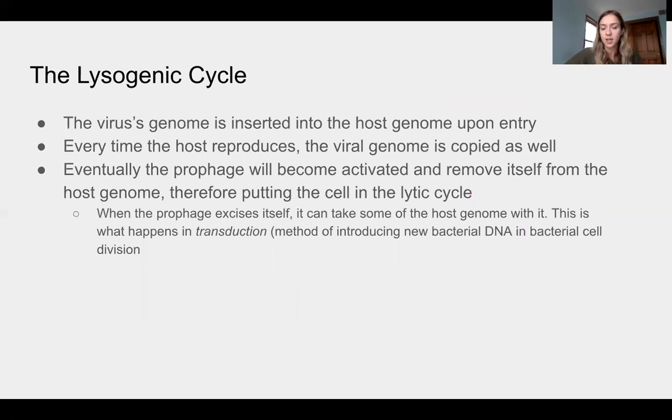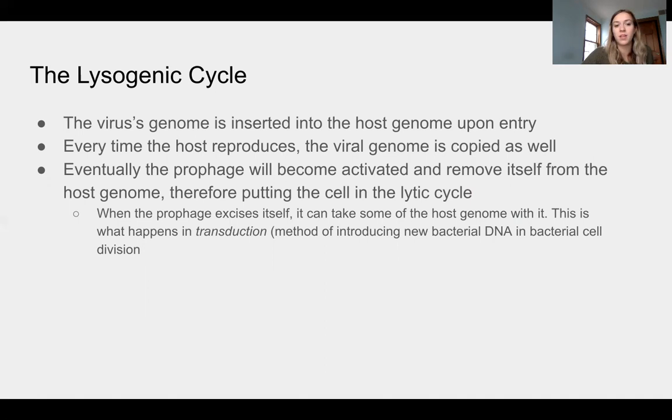So the lysogenic cycle actually ends up going into the lytic cycle, but not initially. Initially the virus's genome will be inserted into the host genome. It will stay dormant until the host reproduces. So the virus doesn't go in and immediately do anything. It just goes in, inserts into the host genome, and it's copied.